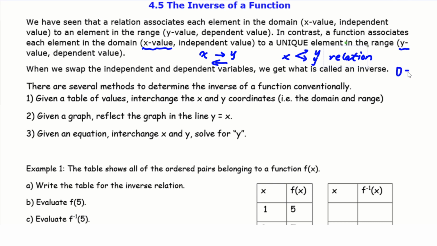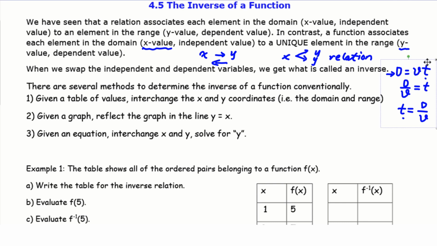Distance equals speed times time. If we want to solve for time, we move the v to the other side by doing the opposite operation. Then t equals d over v. This is the inverse of d equals v times t.